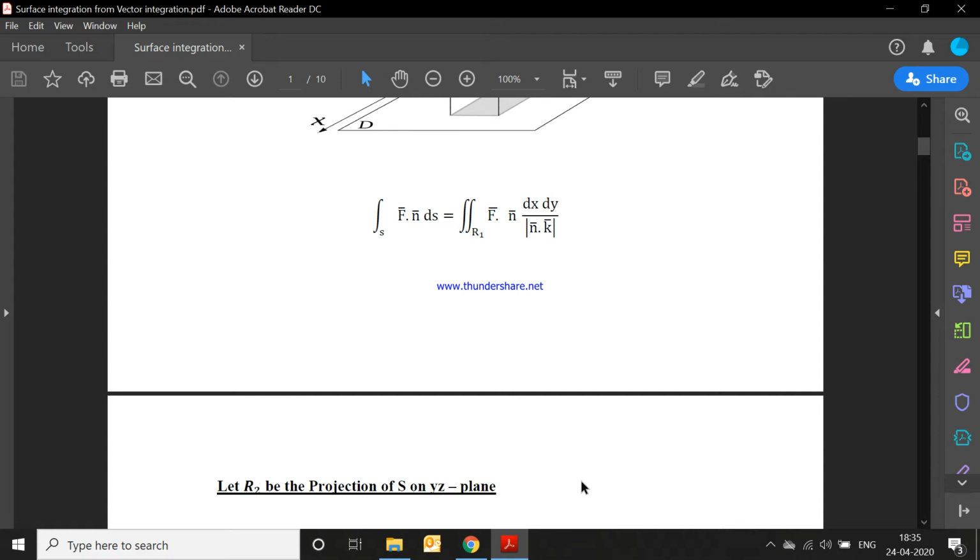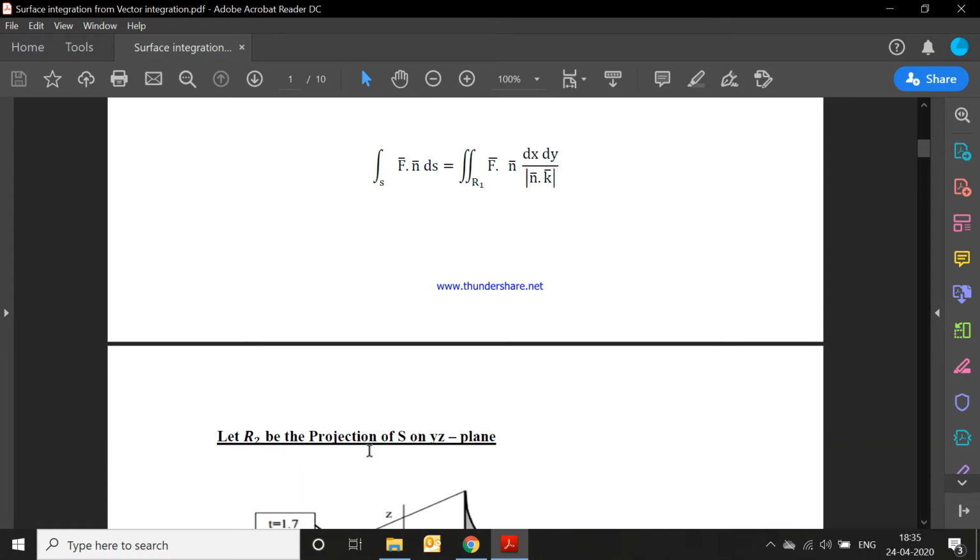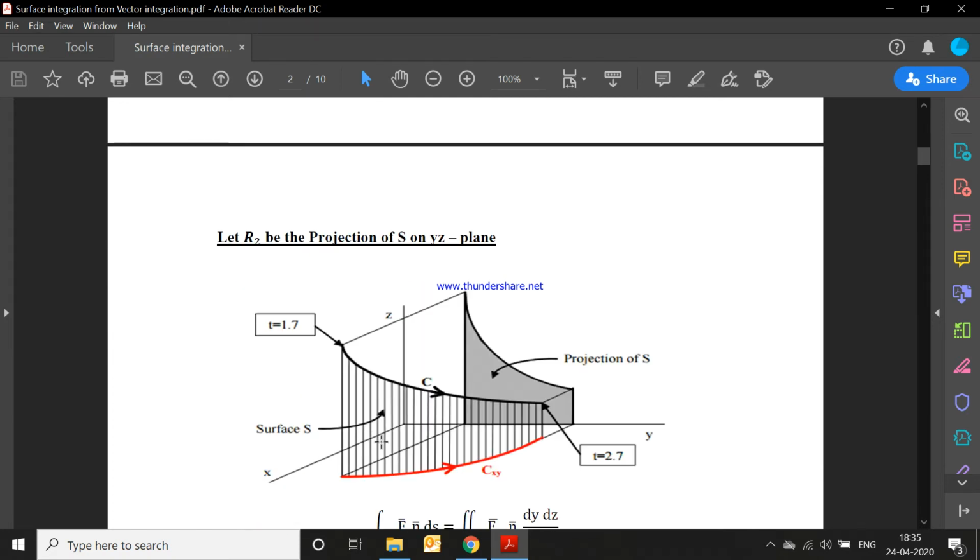Next, projection on the yz plane. Let R2 be the projection of S on the yz plane. For example, this is a given surface and it is in the xy plane. This part is the projection of S, but it is in the yz plane.